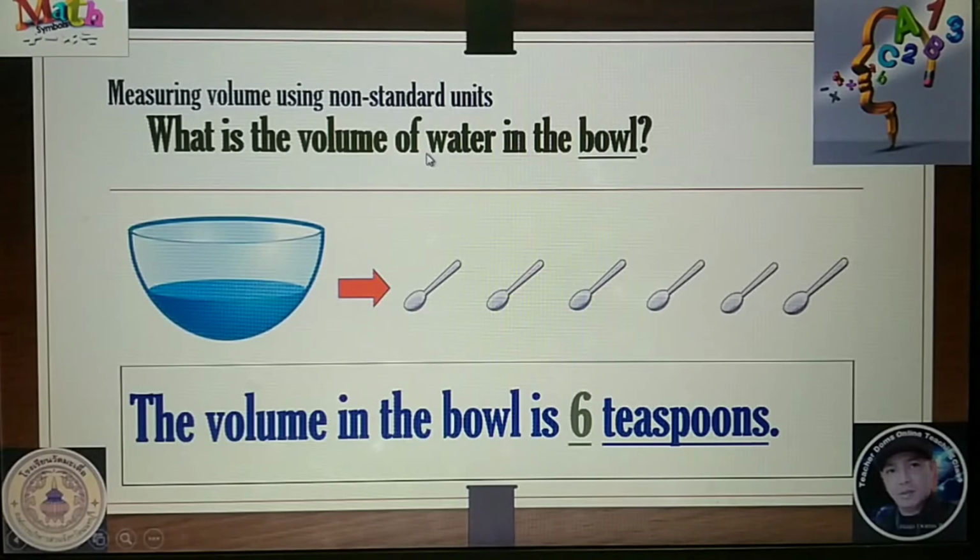What is the volume of water in the bowl? The volume in the bowl is 6 teaspoons.